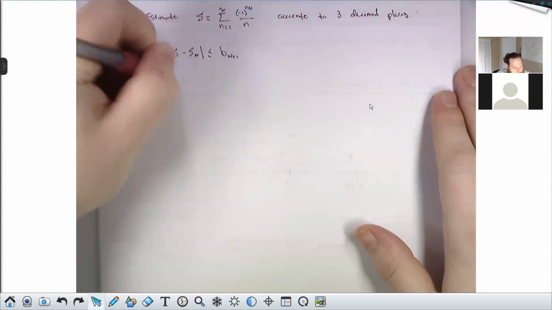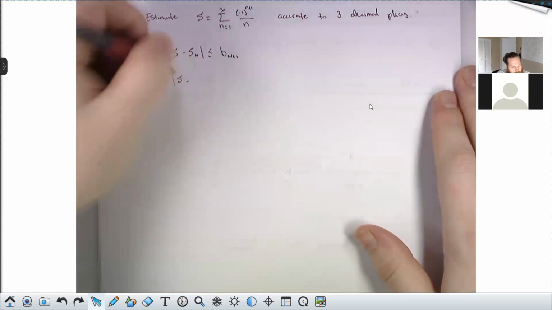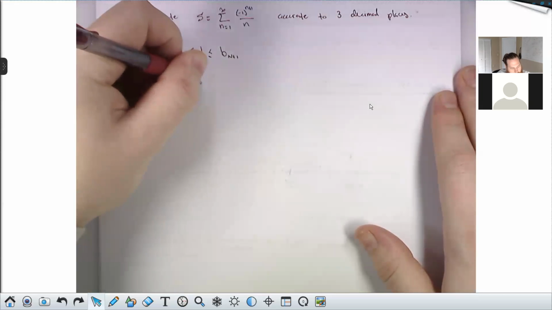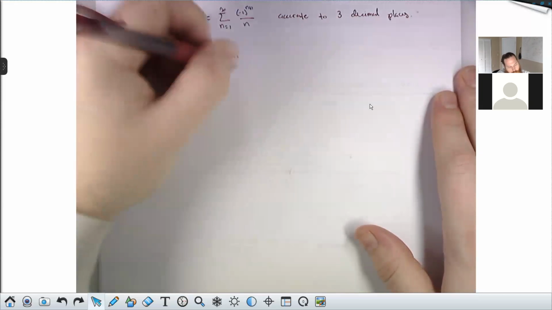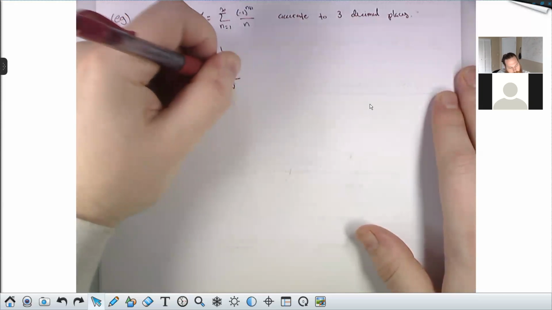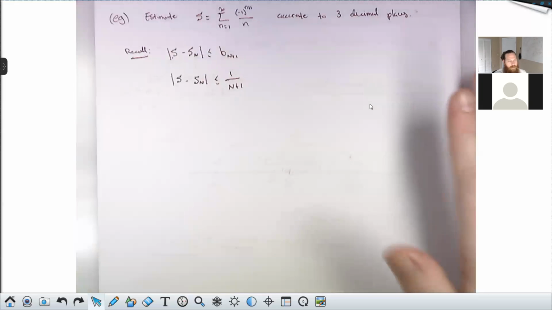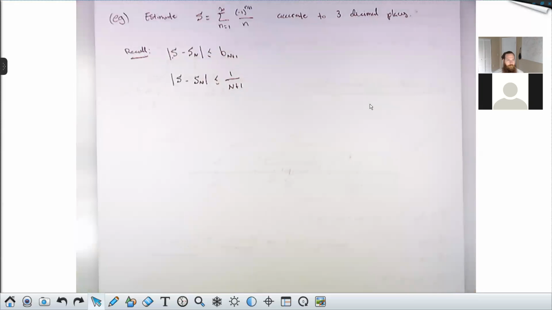B sub n plus 1 is 1 over n plus 1, because Bn is 1 over n. Remember, we mentioned that before when we proved that this series converges. So our nth partial sum is off from the total value of the series by at most 1 over n plus 1.